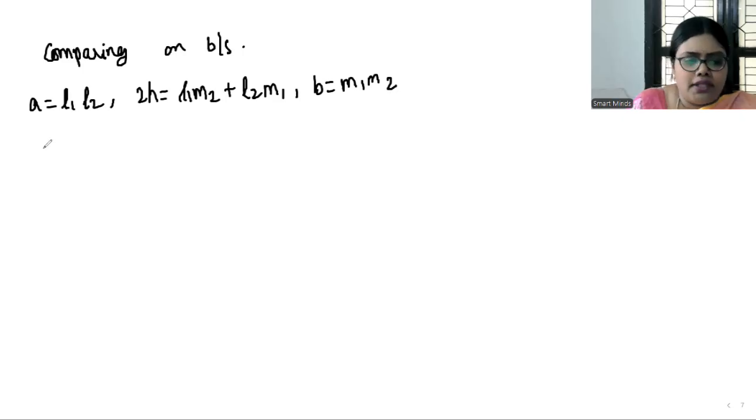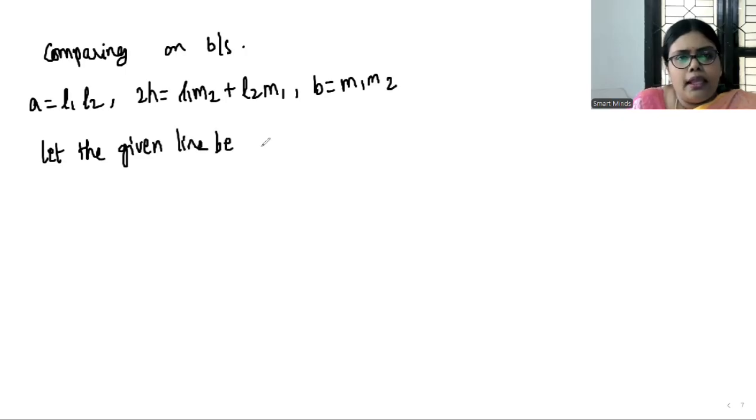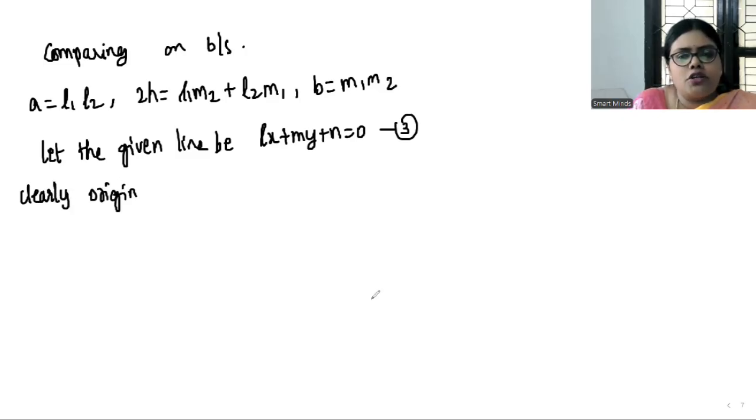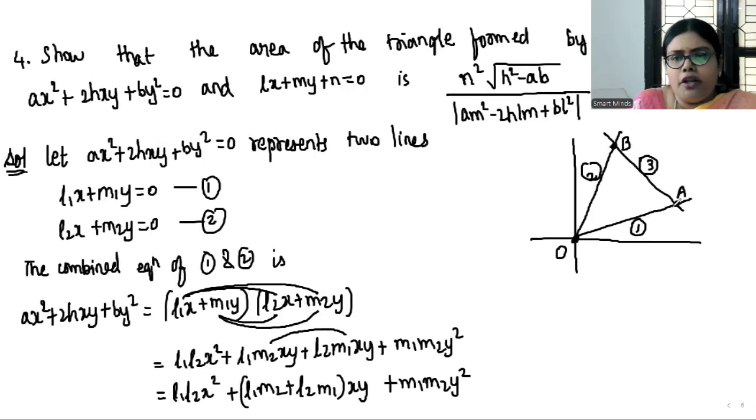Okay, now after this, let us write the given line. Let the given line be Lx plus My plus N equals 0. This is equation number 3. Now if you look at the figure, clearly origin is the point of intersection of 1 and 2. Look at the figure. Origin is the point of intersection of line 1 and line 2. Yes or no? Can you see 1 and 2 meet at point O?